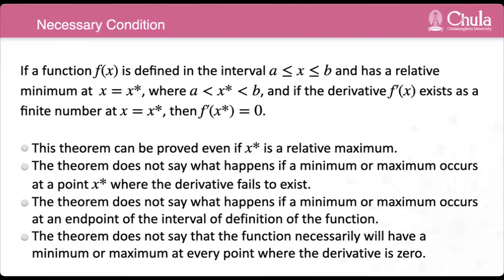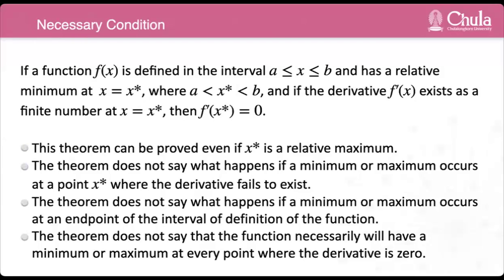We start from the definition that we have f(x), and f(x) is in our domain. In this domain, we have a maximum or minimum, and our function has a derivative. That means the derivative exists.